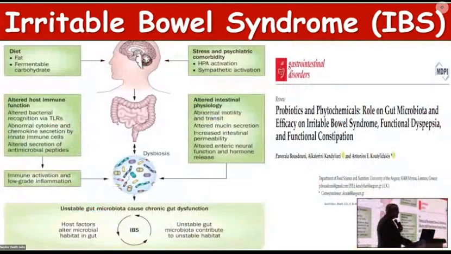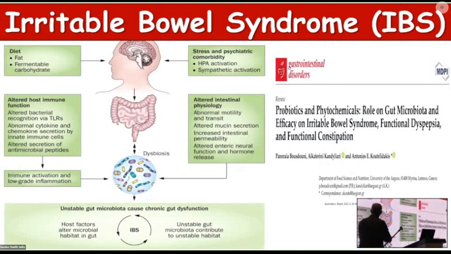Irritable bowel syndrome, recently in 2022, they mentioned that it will occur due to abnormality in diet, excess dietary fat or excess fermentable carbohydrate, and exposure to stress and psychiatric comorbidity.